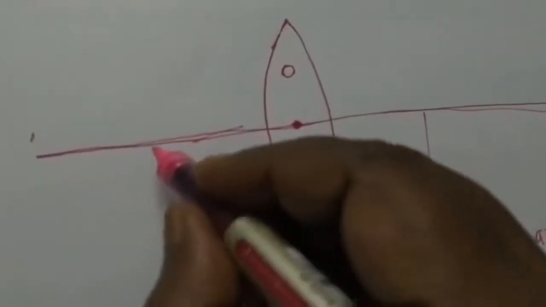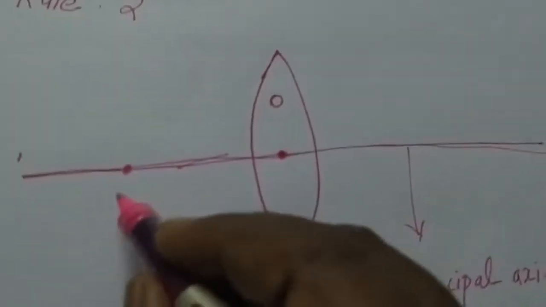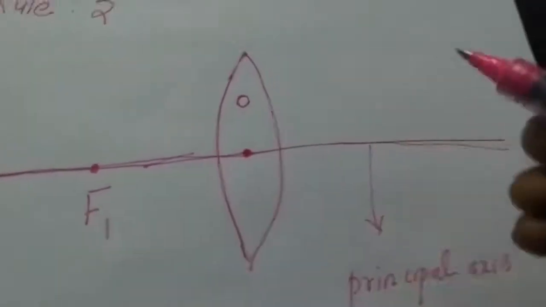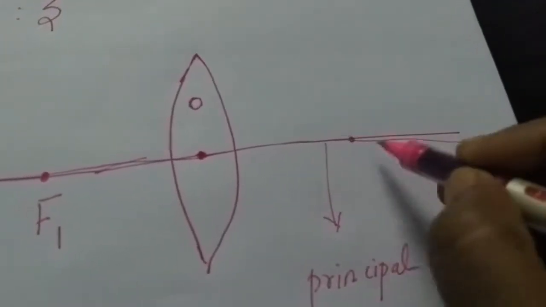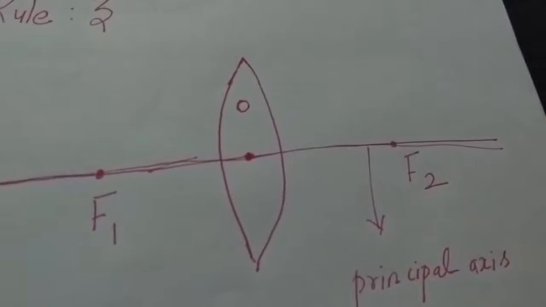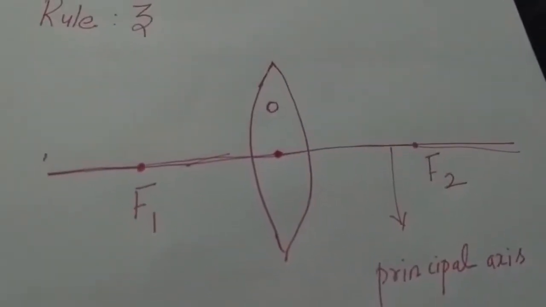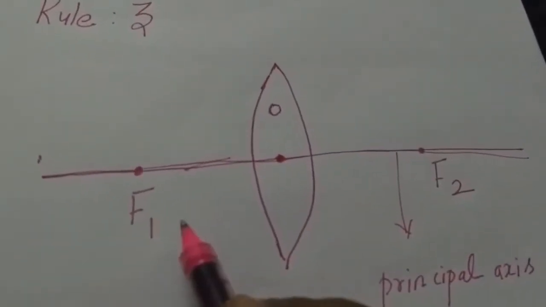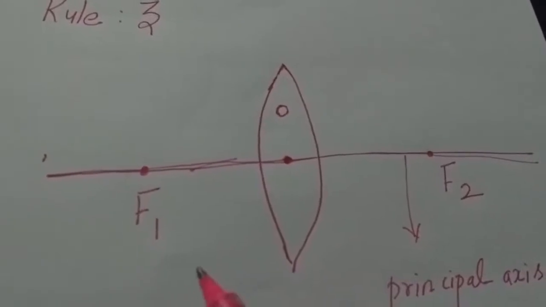F1 is the principal focus on the left side, and F2 is the principal focus on the right side. So rule 3 is when a ray passes through the principal focus.